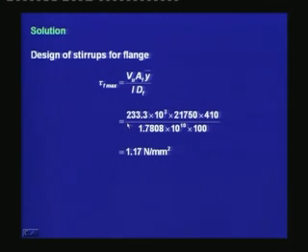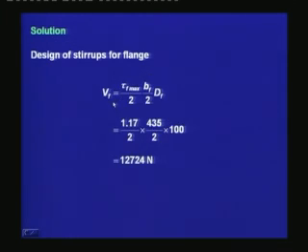This is equal to 233.3 times 10 to the power 3, to change kilonewtons to newtons, times 21750, which is the value of A1, times 410, which is the value of y bar, divided by 1.7808 times 10 to the power 10, which is the value of I, times 100, which is the value of dF. Thus, tau F max is equal to 1.17 Newton per millimeter square.